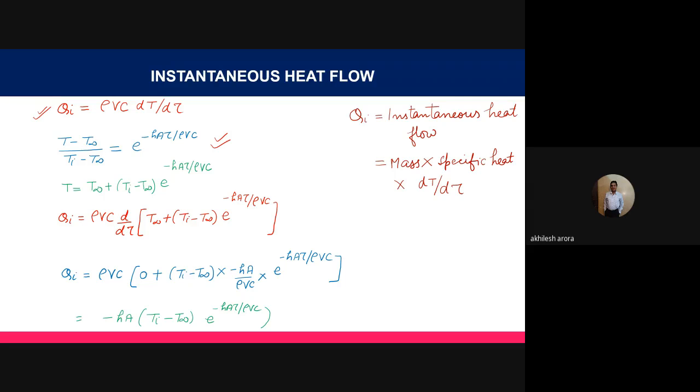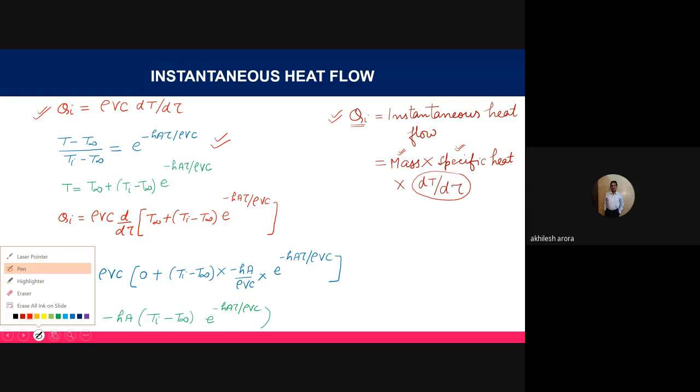Qi is the instantaneous heat flow. The body has the mass multiplied by the specific heat, and the rate of change of temperature with respect to time. When we multiply all these three things, we get the instantaneous value of the heat transfer. That is what we have written here in the first equation.